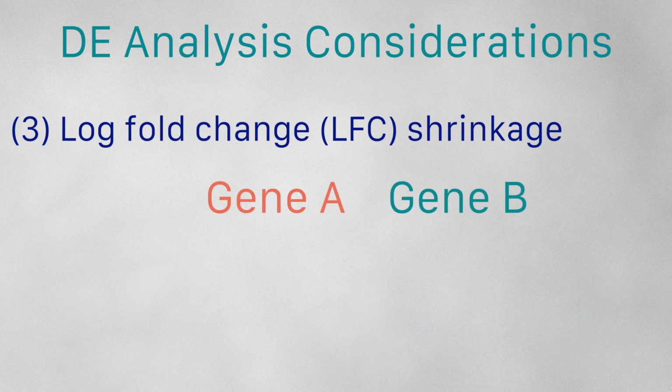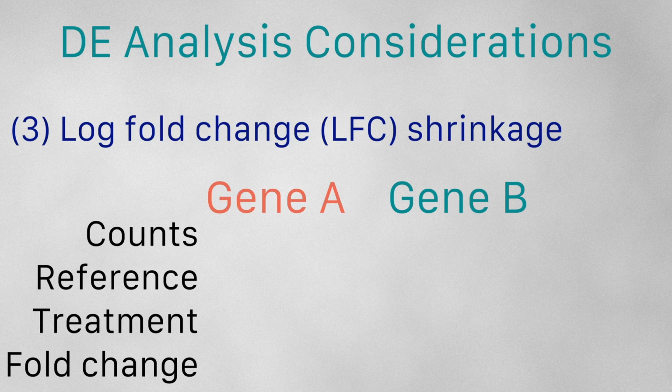Imagine two genes that have been deemed statistically significant, and let's name these genes A and B, such that the counts for gene A in the test group is 5 relative to its count in the reference group, which is 1, for example, leading to a fold change of 5 divided by 1, or just 5.